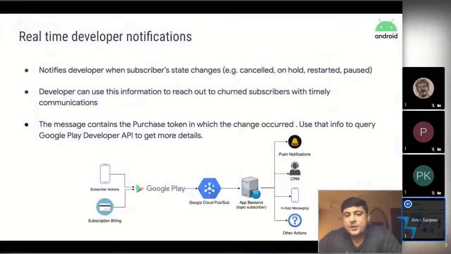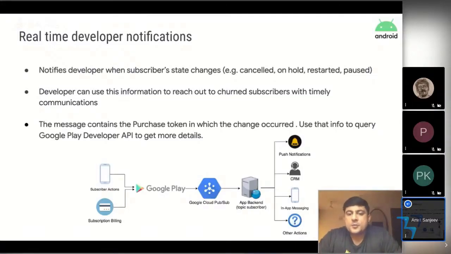Now, in order to understand user flow, right? Some of these changes that I talked about: the user is subscribed, then has unsubscribed, the entitlement is ending, so the user is expiring. In order to understand this, you can implement something called real-time developer notification. This is a feature that's already available in Play.